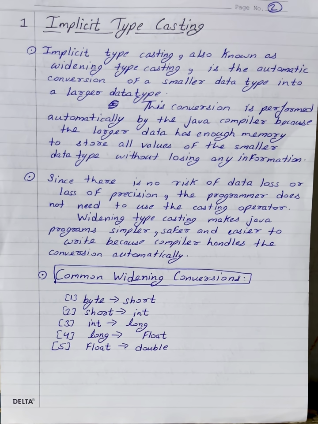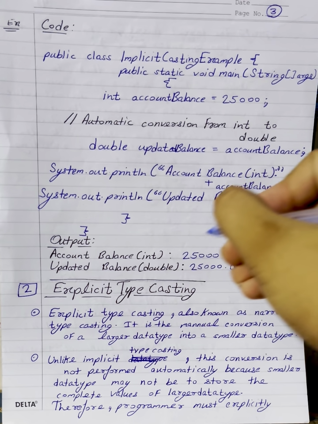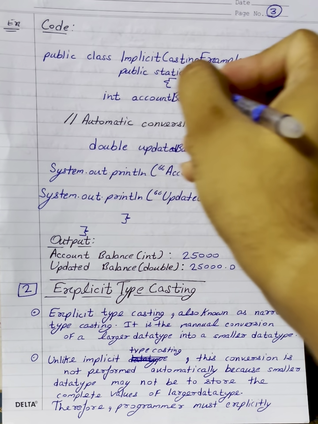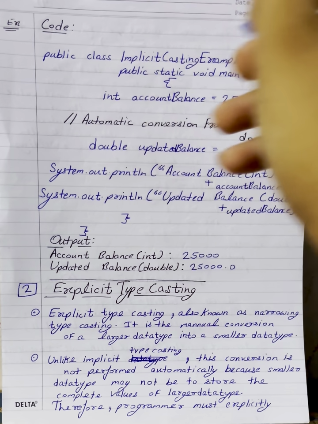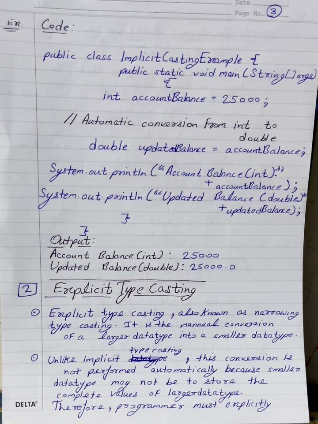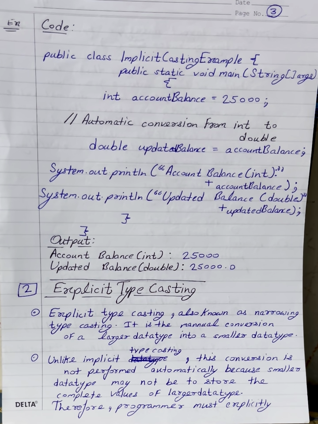Now, let's understand this also with an example of code. So, guys, this code is an example of implicit typecasting. Just take it as an example so you can understand this concept more clearly. In this program, the variable account balance is declared as an int and stores the value 25,000, and this value is then assigned to a variable update balance, which is of type double.